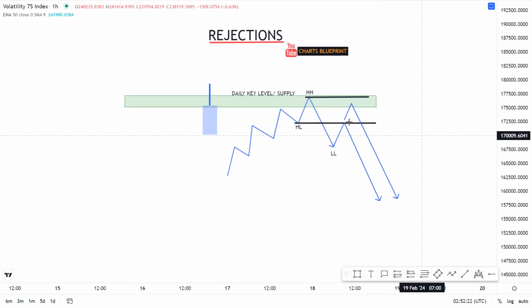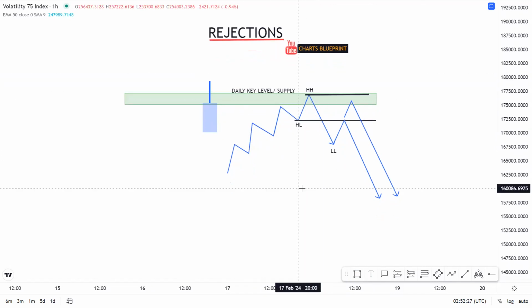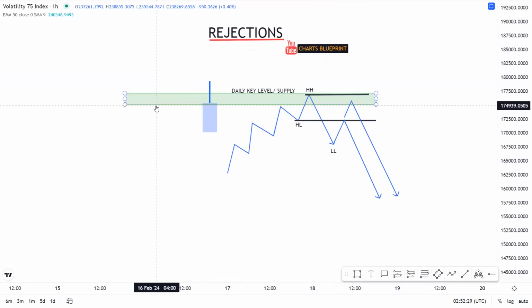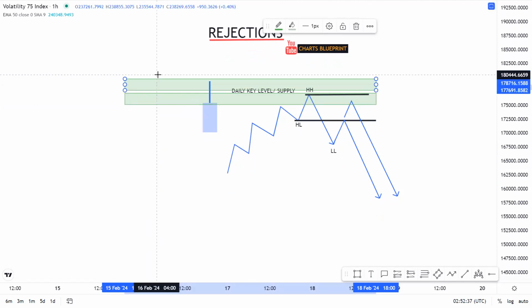Usually we would want to take this all the way down to the next daily key level as price tends to move from one level to another.